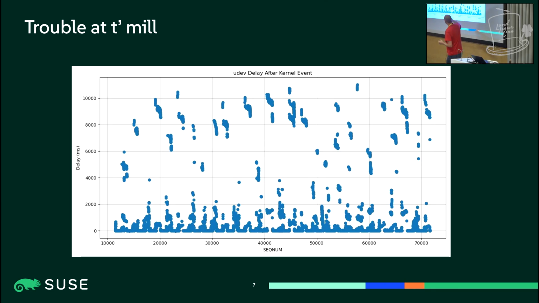And the y-axis is the time it takes from the udev event issued by the kernel until the udev rule is executed. You see that we are in the range of 10 seconds delay sometimes. And that's the stable situation. That's when it worked.